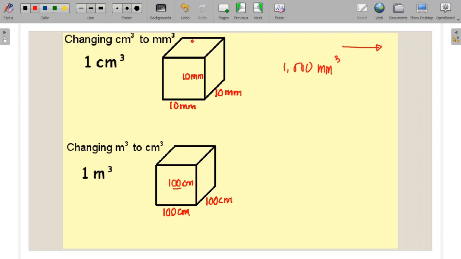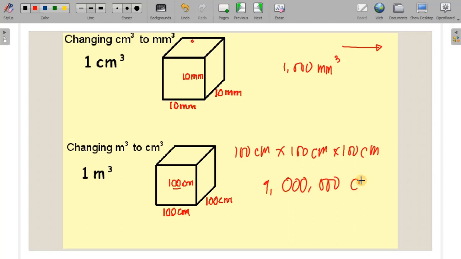That's why that is 100. So 100 centimeters times 100 centimeters times 100 centimeters. How many zeros? 2, 4, 6. So 6 zeros, we read this as 1 million centimeter cube. Cube is very important because we are talking about volume.